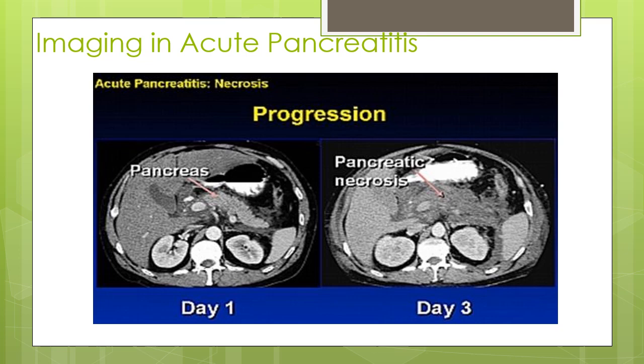This is a CT scan picture sample showing the difference and progression of findings from day 1 as compared to day 3, with patients on day 3 developing pancreatic necrosis.